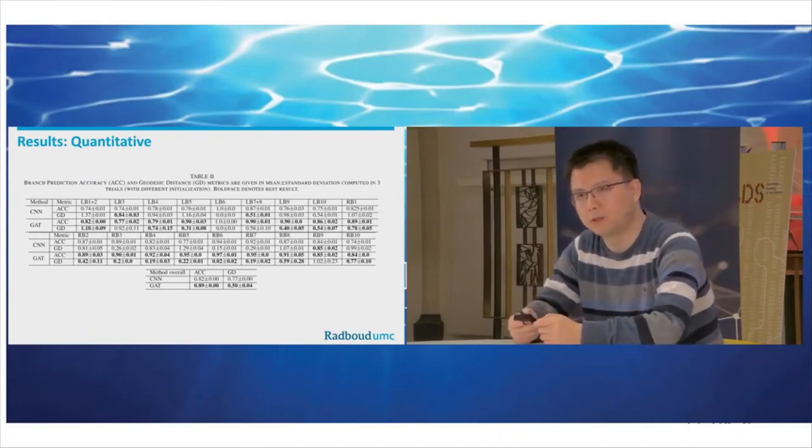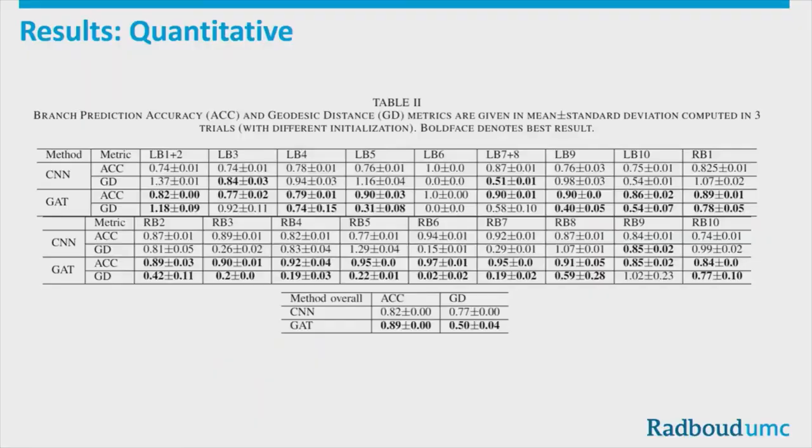We see that both methods actually have a geodesic distance lower than 1, meaning that most errors are just 1 branch off. And in terms of accuracy, the graph attention network performs much better than the convolutional network, from 82% to 89%. Also, we see that for some branches, the accuracy is much higher than for others.